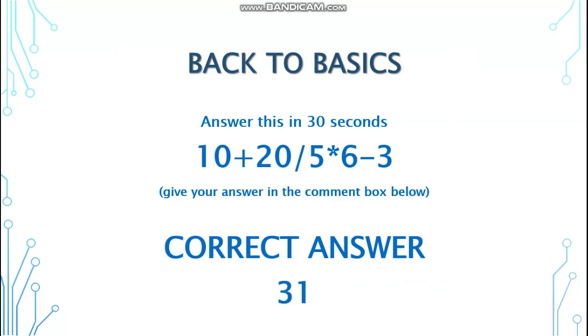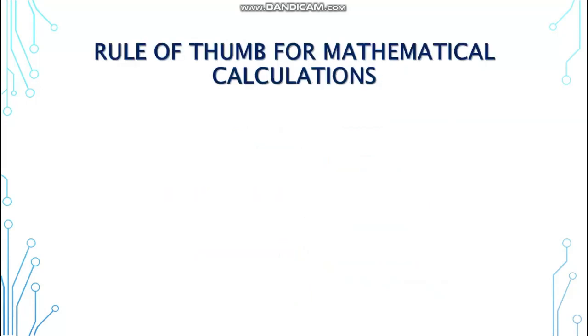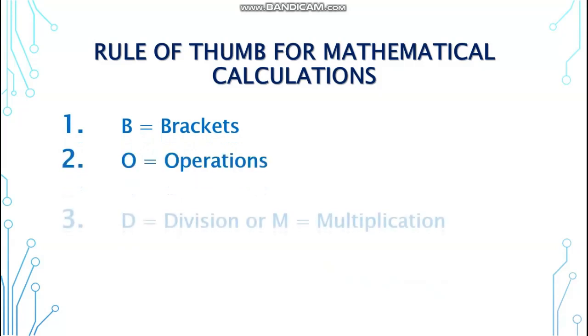That is because we have to go back to our bases. The thumb rule of mathematics. What was the thumb rule of mathematical calculations? The favorite subject in school, mathematics. How many of us remember? Yes, the BODMAS rule.